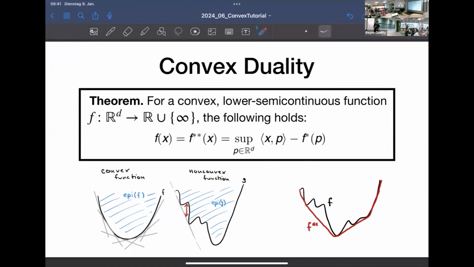Just to make clear what you said before, if I have any function and I want to find this transform, in principle I just look it up in some table for known functions and construct it from different parts, or are there some kind of rules for this? Yeah, you can look it up, or you can try to compute it yourself. So you can just say f star of p, the supremum over x of xp minus f of x.